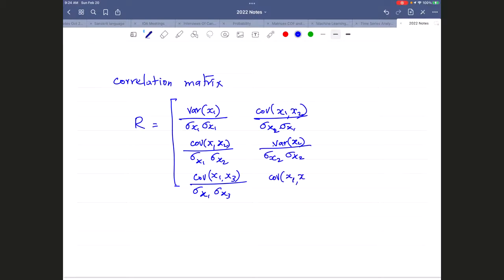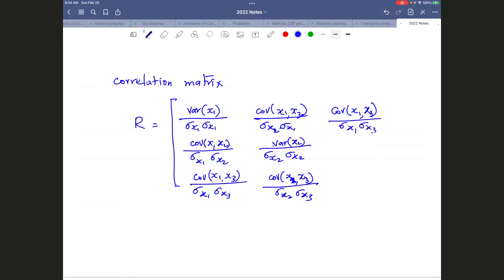And then here covariance of x2, x3, correct? So accordingly, sigma x2, sigma x3. Are you with me? Yeah. And finally, this column is covariance. Can you tell me what they are? I would like to write it just now. The covariance of x1, x3 by sigma of x1 and x3.